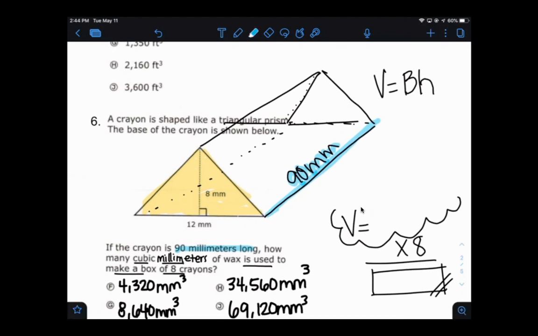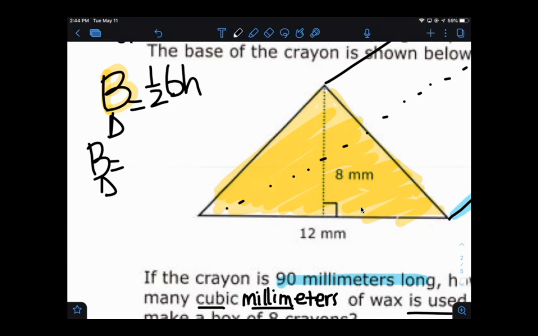So here we need to get the area of the base, which today, again, is a triangle, right? So we go, okay, area of the base of a triangle, 1/2 of the base times the height. I focus my mind only on this triangle, which is the base. And so the base of the triangle is 12, and the height of the triangle is 8.